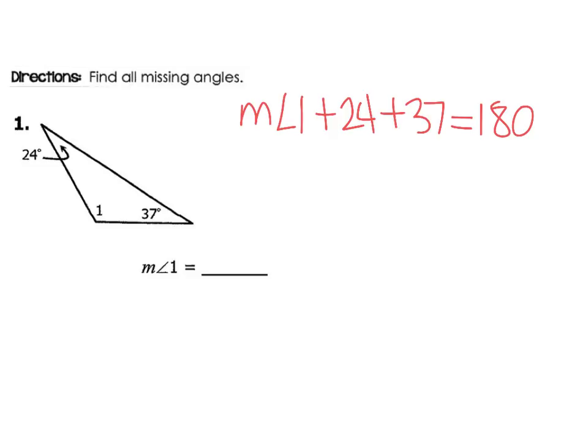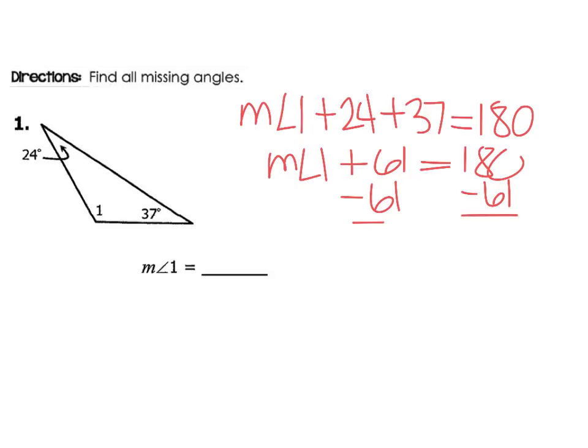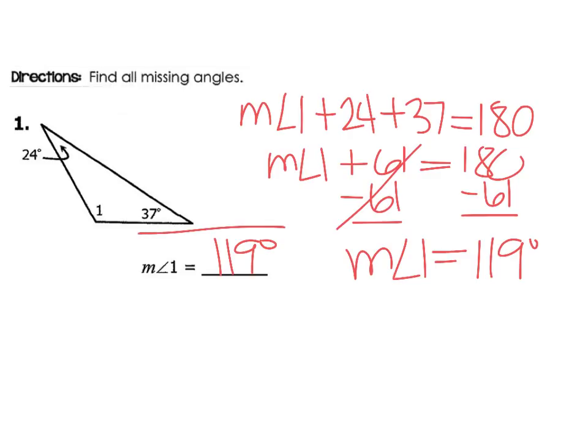So we combine like terms, 24 plus 37 gives us 61. Has to equal 180. Subtract 61 from both sides. These will cancel out over here. And we get that the measure of angle 1 equals 119 degrees. All right, so 119 is our answer.